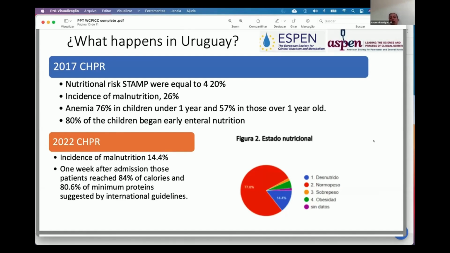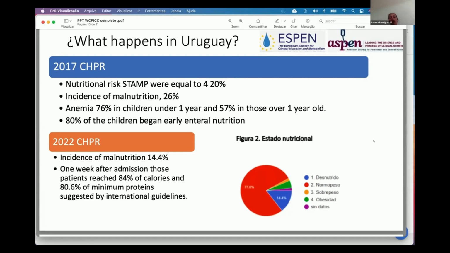We had 20% of the children with a high risk of malnutrition. Anemia was frequent.